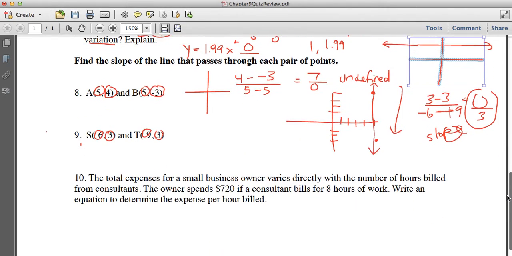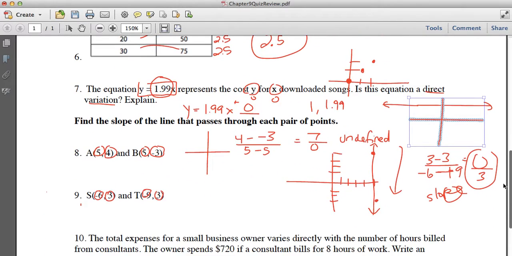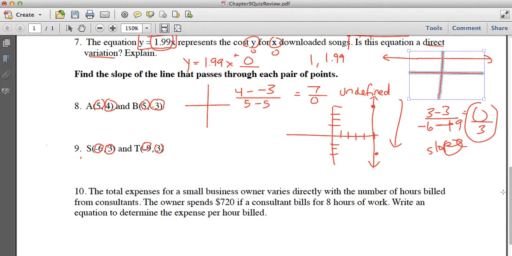Lastly, number 10, I think the numbering got off maybe somewhere here. 8, 9, 10. The total expenses for a small business owner varies directly. So varies directly. We know it's going to be in the format of y equals mx, or as I explained in the lesson video, y equals kx. Passes through the origin at 0, 0 if it's a direct variation. It says that the owner spends $720 if a consultant bills for 8 hours of work.